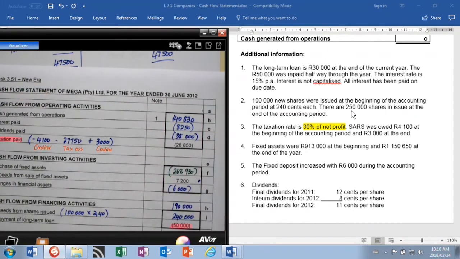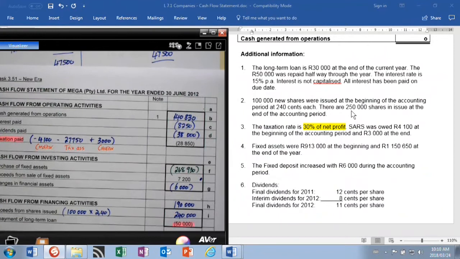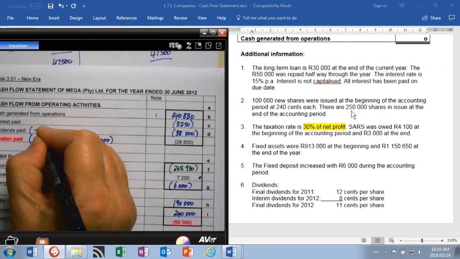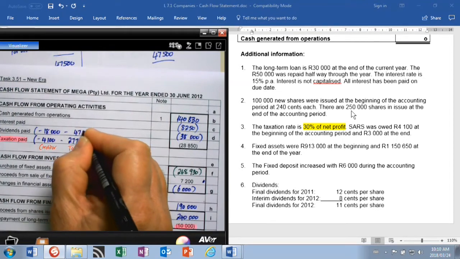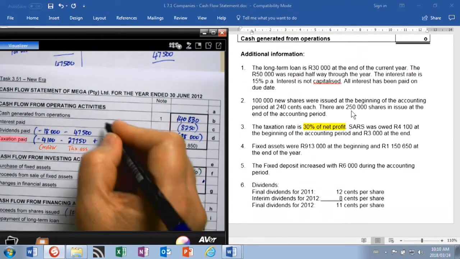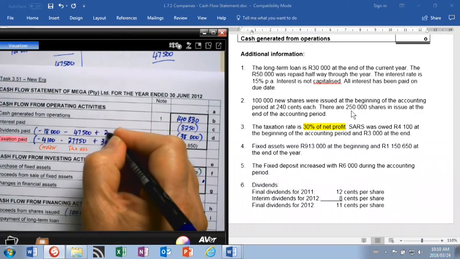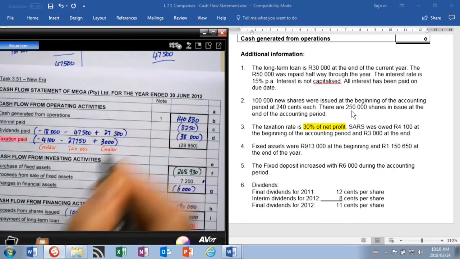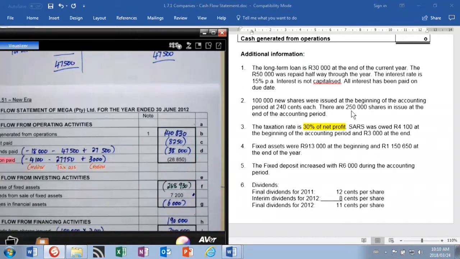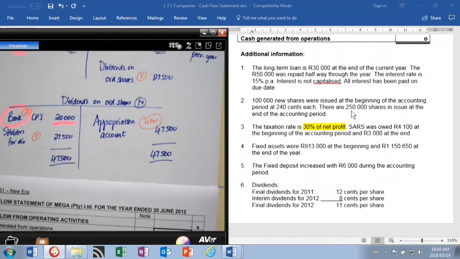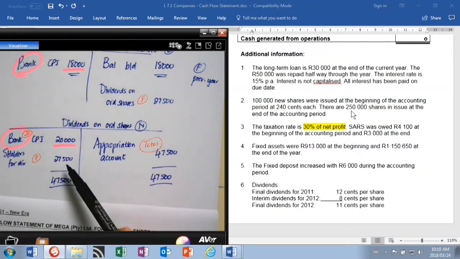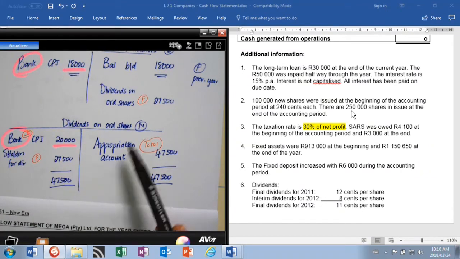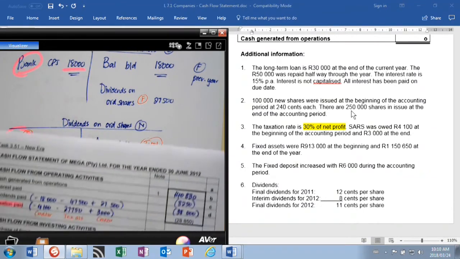I will say it is minus the 18,000 at the beginning of the year, minus the 47,500, the total dividends for this year, plus the 27,500 that we didn't pay yet. I start with the 18,000 in brackets because we paid it. Then I put the 47,500 in brackets because that was what we're supposed to pay. And then I show the 27,500 as positive.